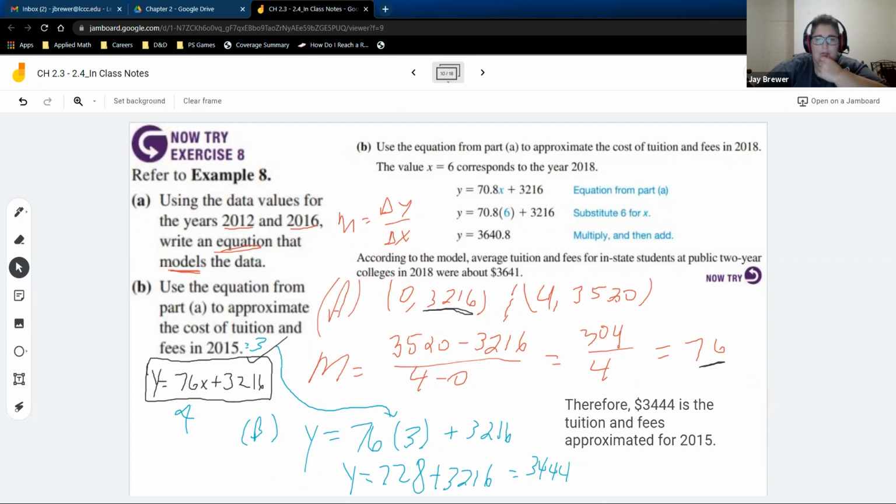All right, that's your answer for B. And you can do it like this. Therefore can be shortened to just that if you're handwriting it. Okay.